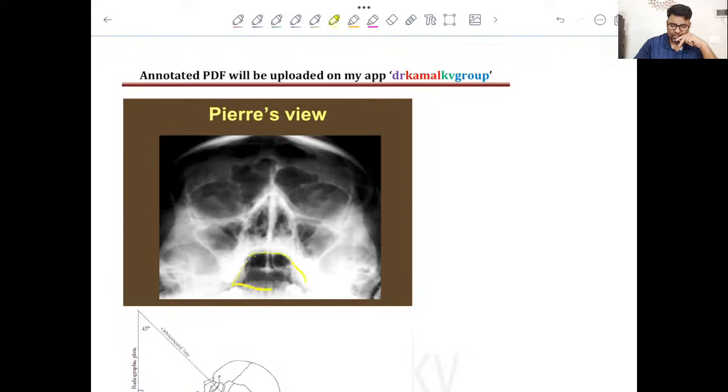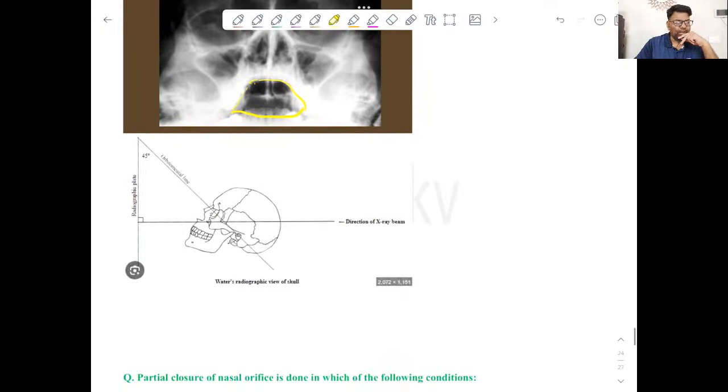And this is the orientation of the skull, known as the occipitomental view. This is the occiput, and this is the mentum, that is the chin. So Waters view if the mouth is closed, and Pierre's view if the mouth is open, the alignment of the skull remains the same.